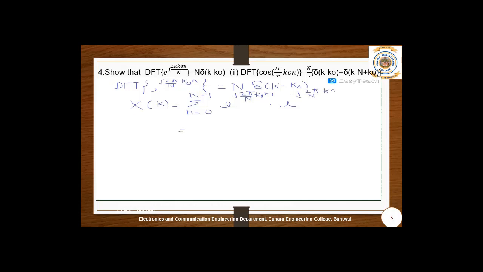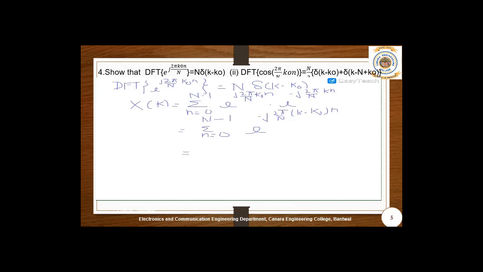Further simplification gives me summation n value varying from 0 to n minus 1 e to the power minus j 2 pi by n k minus k naught n. Let us apply the geometric series.